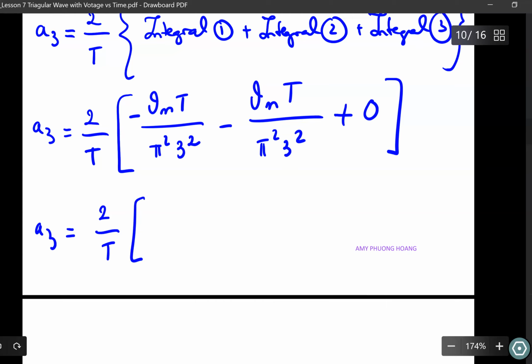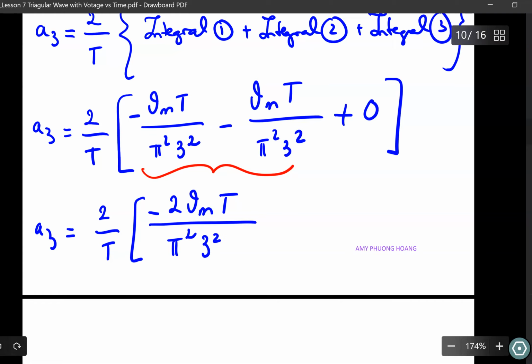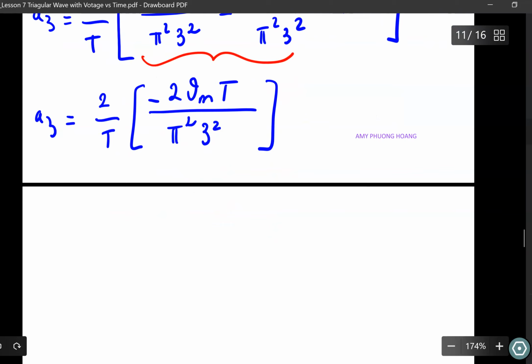And in this case, let's just add these together, I should have minus 2 Vmax times the period, over pi squared 3 squared, and close the bracket. So let's see what we can simplify. You see that t can cancel out with that t.